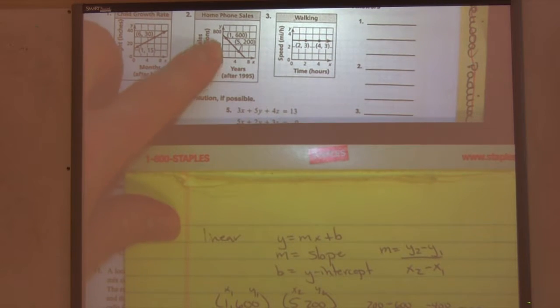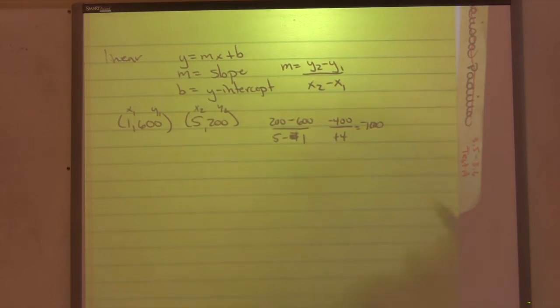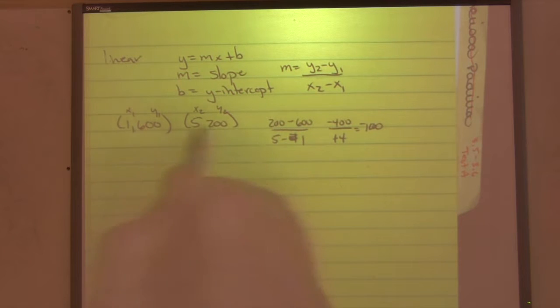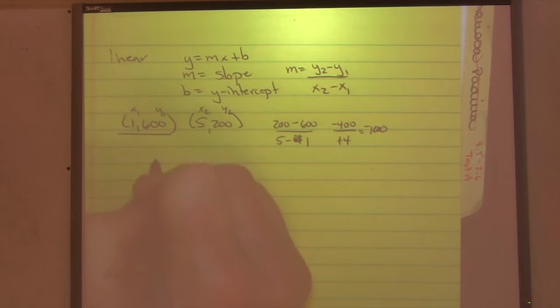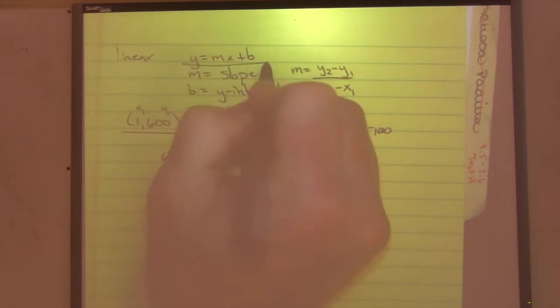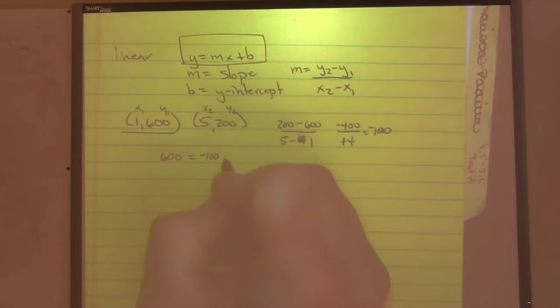Now we go back to the problem, and we have to find the y-intercept. We go to our equation for slope-intercept form. We can pick either of these ordered pairs for x and y. I'm going to choose this one, so y is 600. Plugging into the formula, 600 equals our slope, negative 100, times our x value, 1, plus b. So 600 equals negative 100 plus b.